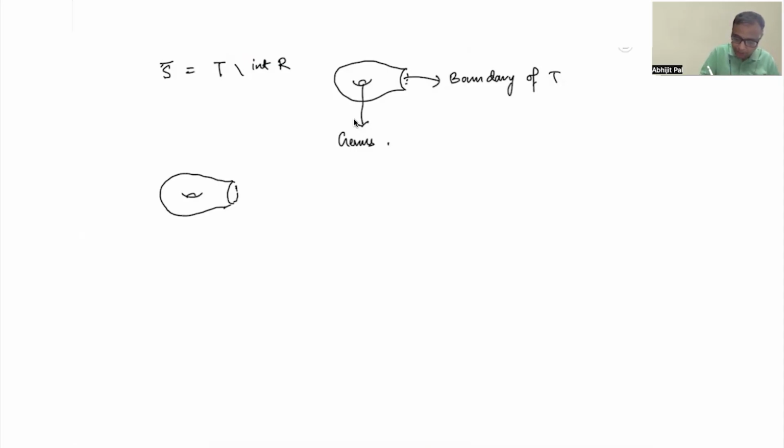Suppose this is lying very nicely in R3, and let us take a reflection of this around the XZ plane.